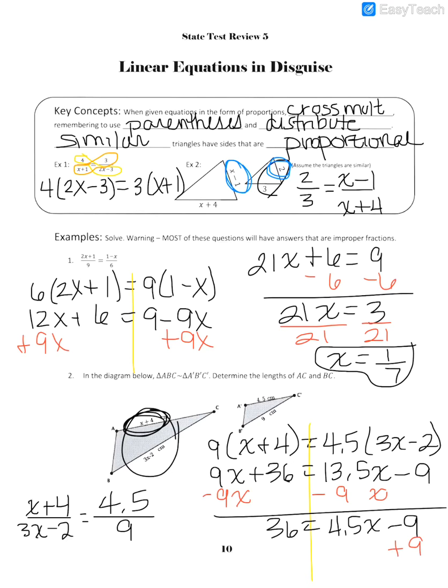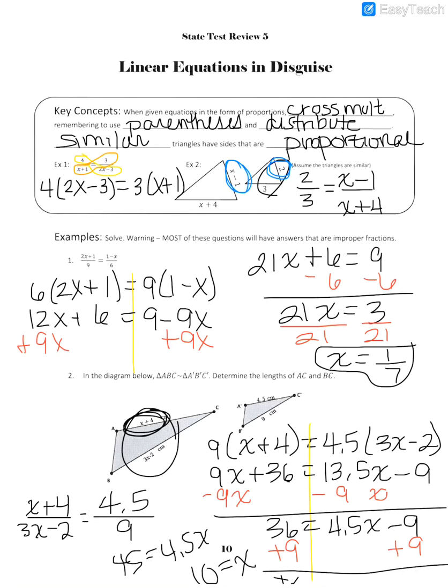Add the 9. 45 equals, oopsie, I'm out of room. 45 equals 4.5x. Divide by 4.5, and that gives us 10.